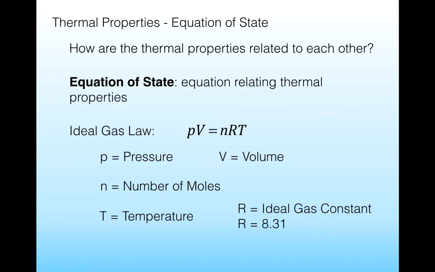Instead, we can convert the number of molecules to the number of moles using Avogadro's number. And in the same calculation, we can see that the ideal gas constant, which we now call R, is now 8.31. And again, the units are going to change of this ideal gas constant when we use R compared to when we use kBT, and we'll talk about that shortly.